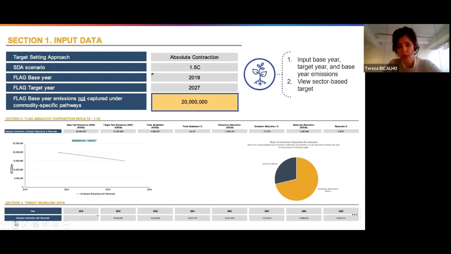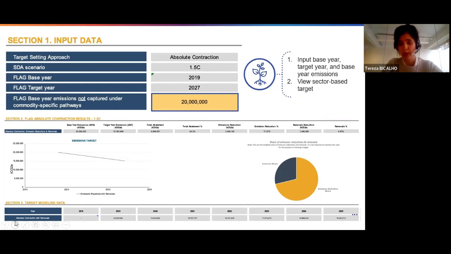Then the tool shows the results graphically and in form of tables. You can see that Company C starts with those 20 million tons of FLAG emissions in 2019, as informed by the company, and should have no more than 15,100,000 tons of emissions in 2027.